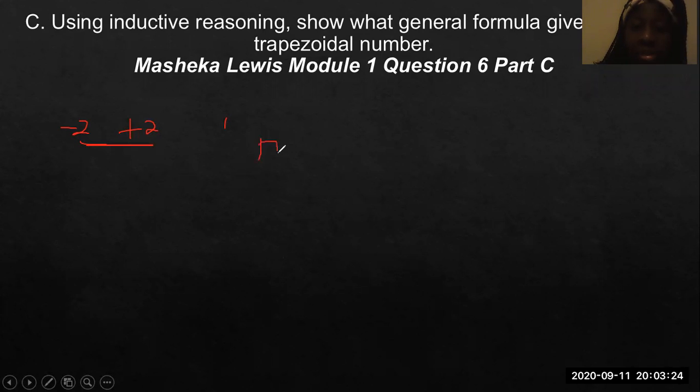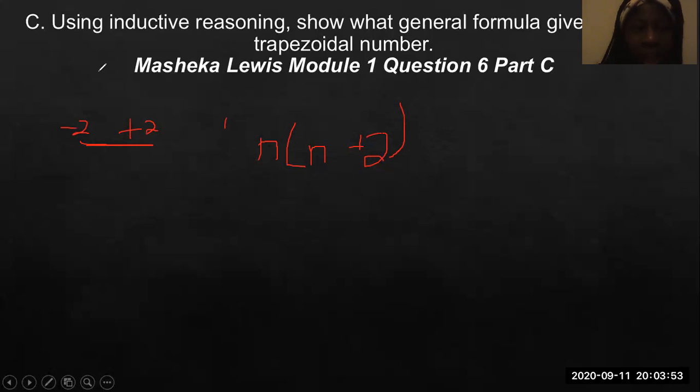So we'll use n, and then we'll have plus 2, because we're looking for the 9th trapezoid number. And this is the guess. So we'll use N to fill in the blank.